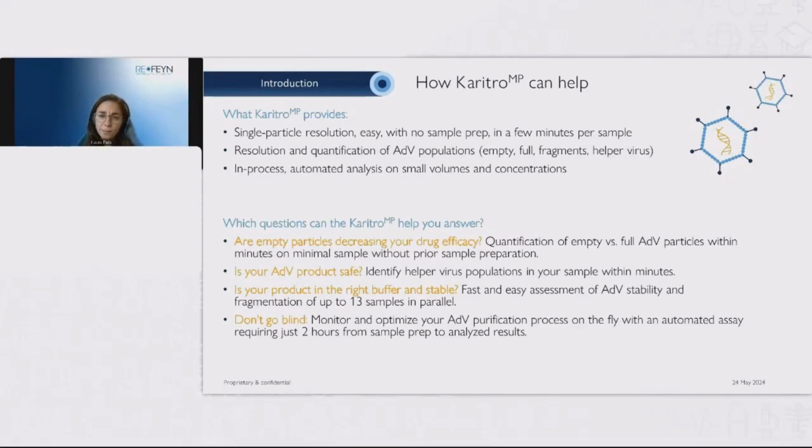It can help answer questions in terms of product safety, because it can identify and quantify the adenovirus population within minutes. It can help assess the stability of the product, because it can look at comparison between different buffers and different conditions, and this can be done on up to 13 samples in parallel.